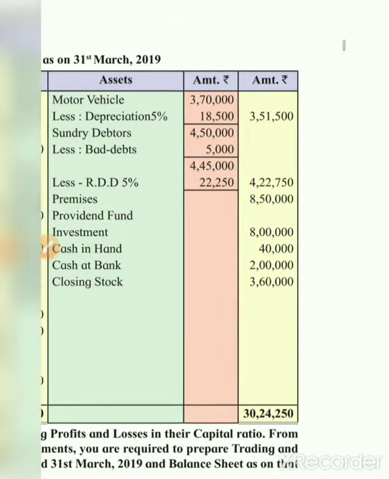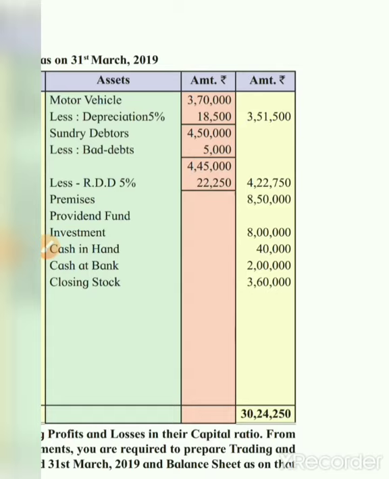Then see, on the asset side, the motor vehicle we have depreciated by rupees 18,500, that is 5% depreciation. Now the remaining amount is 3,51,500. Then debtors, 4,50,000 is the amount. From these debtors we have deducted the new bad debts and new RDD. In this way, the total remaining amount is 4,22,750.